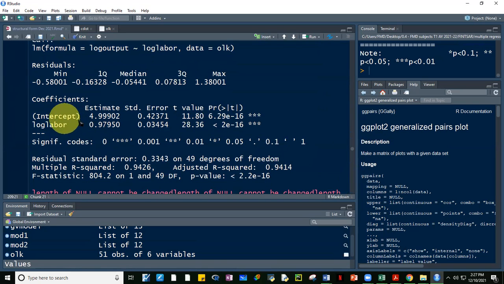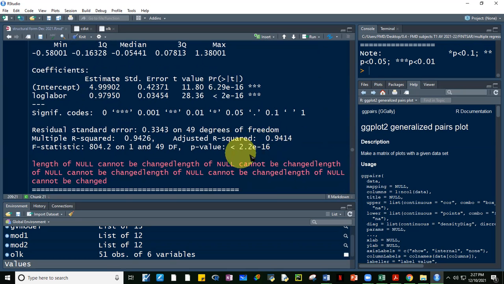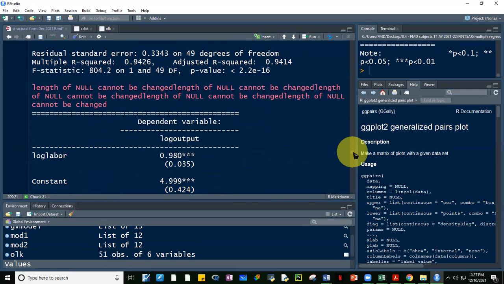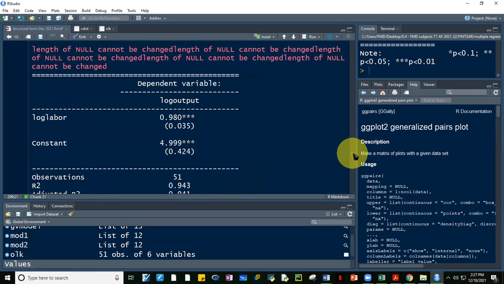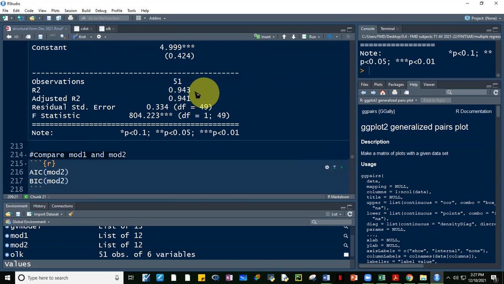All right, both are significant. Log labor, and then the F statistic p-value is okay. This is our Stargazer output: log labor and constant. What happened to the adjusted R squared?